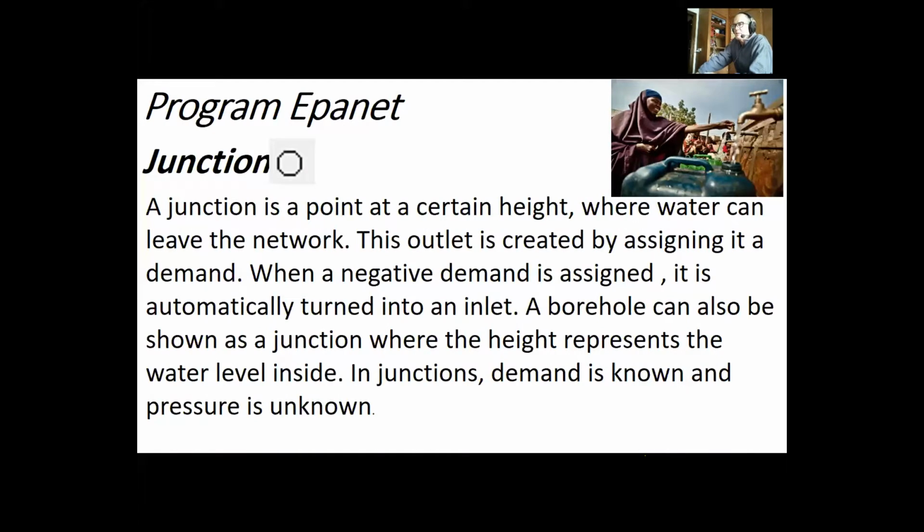A junction can be a place where you put a valve, for example. In a junction, you can even have water coming in. In that case, it would have a negative demand. That's it. So the main elements for the junction are elevation and demand.